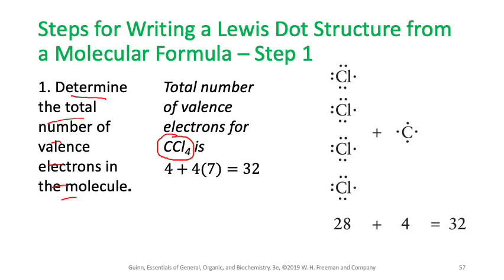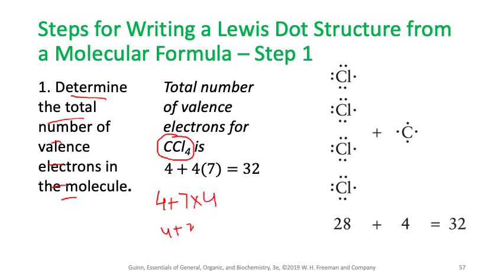How would I know how many total valence electrons we have in CCl4? You have to add the valence electrons for each element separately, calculate, and then add them together. In CCl4 you have 1 carbon, which has 4 valence electrons. Then you have chlorine, each chlorine is 7. How many chlorines do you have in there? 4.